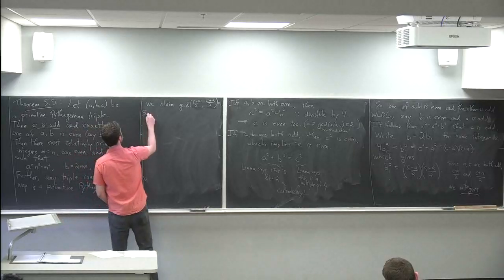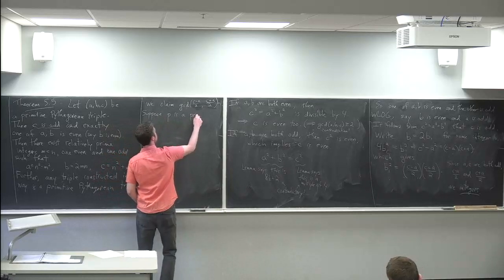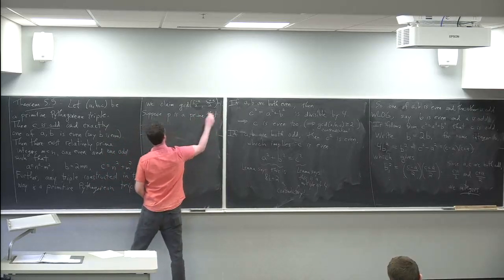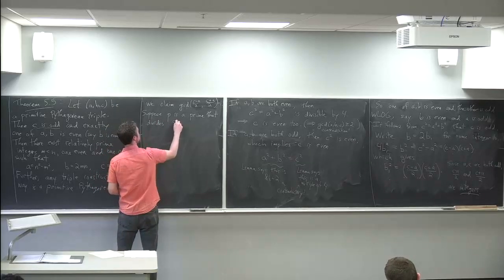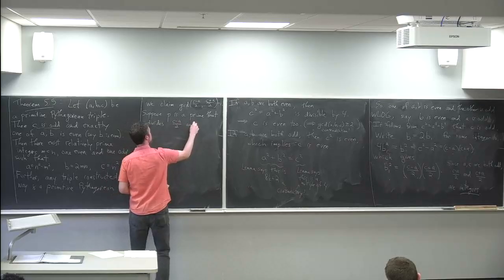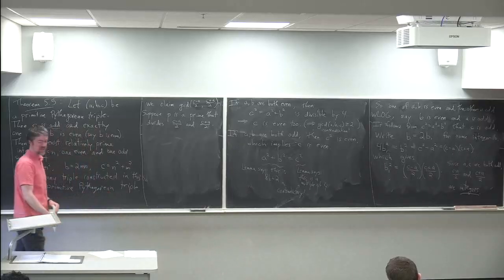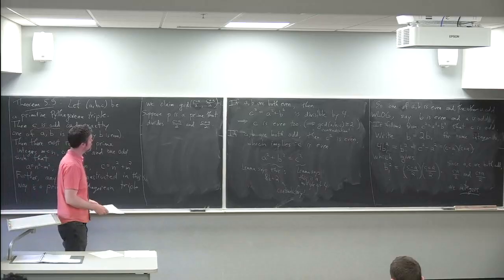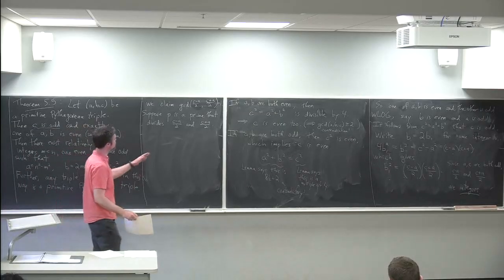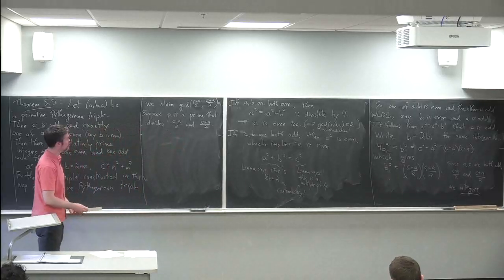So suppose P is a prime that divides both C minus A over 2 and C plus A over 2. We just have to see what's wrong with that picture. We're going to make the same kind of arguments where, once you know it divides both of these, it divides all their linear combinations, and there are some interesting ones you can form.